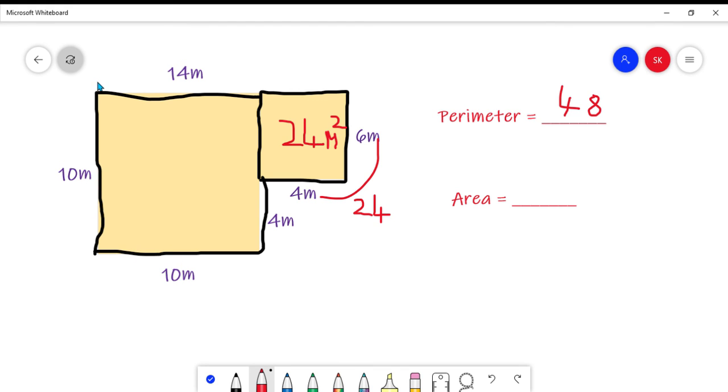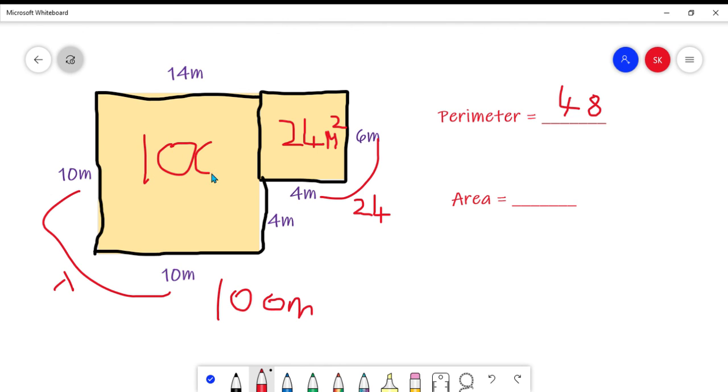Remember that this 14 is for the whole length, so we'll have to use these two. 10 times 10 gives us 100 meters. And now all we do, add them together. 124 would be our area.